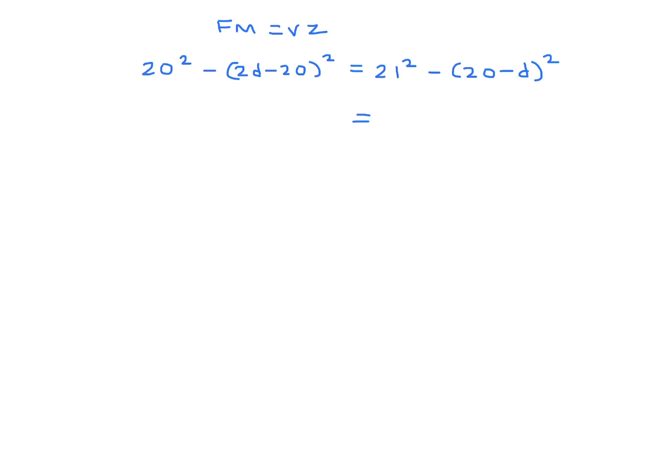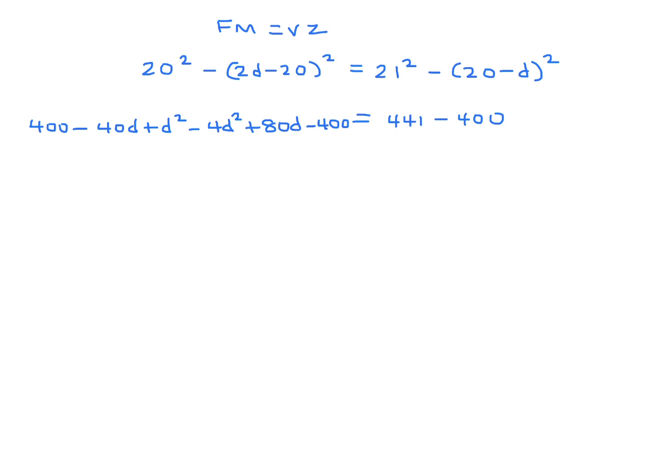21 squared is 441, and then bring the 20 squared over, that'll be 400. And then expand this here. If I bring this over, it becomes positive, and then if I start expanding, it'll be 400 minus 40D plus D squared. This one, minus 4D squared plus 80D minus 400.